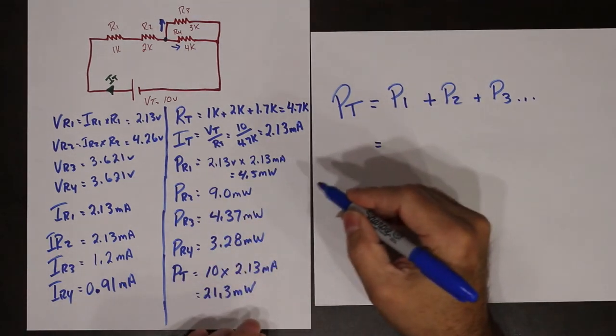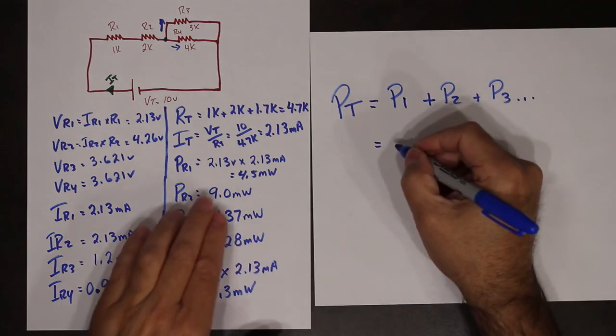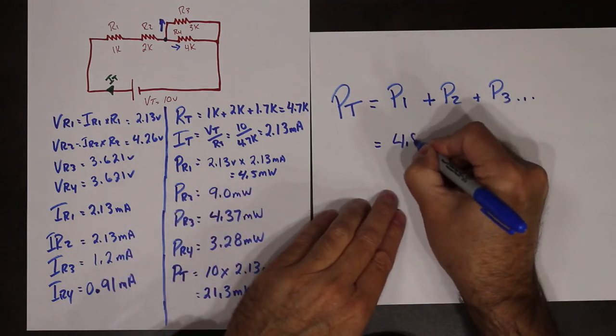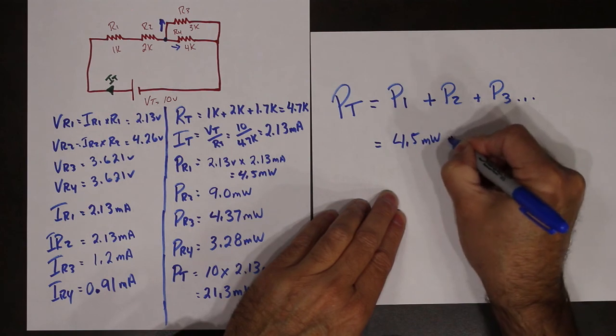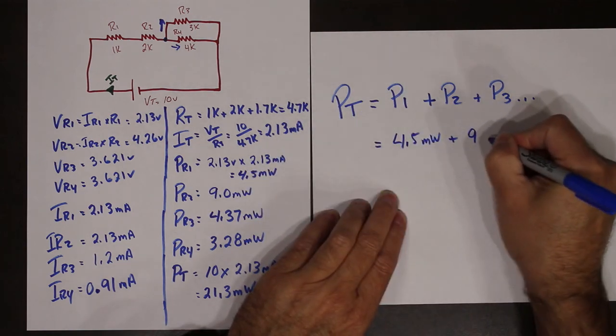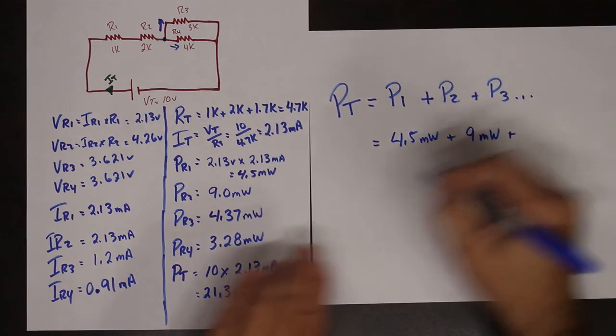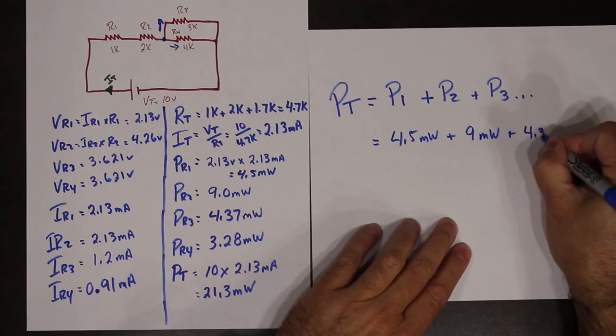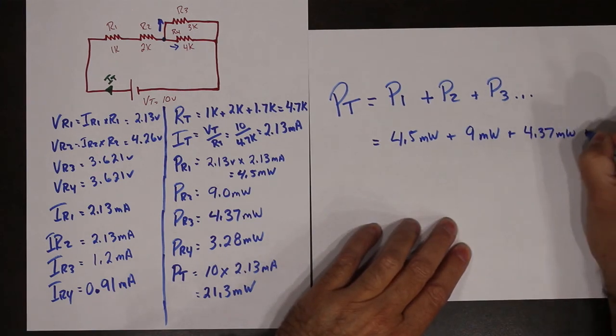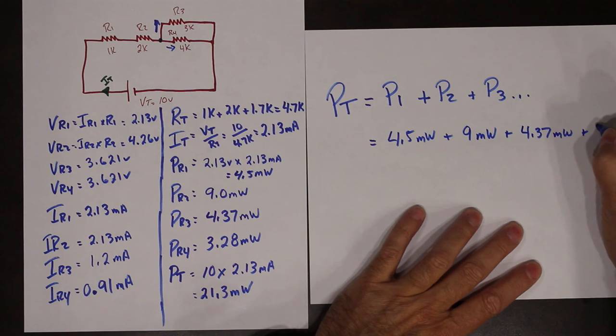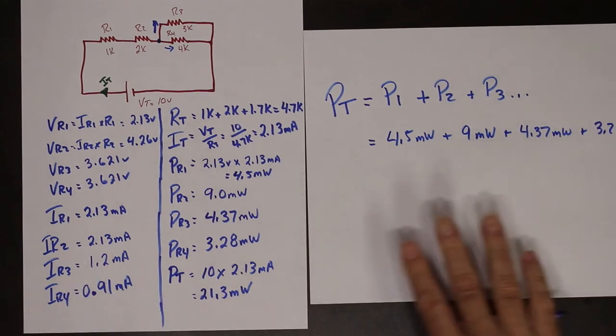Power of the first resistor, in this case, was 4.5 milliwatts. Power of the second one was 9 milliwatts. Power of the third one was 4.37 milliwatts. Power of the fourth one was 3.28 milliwatts.